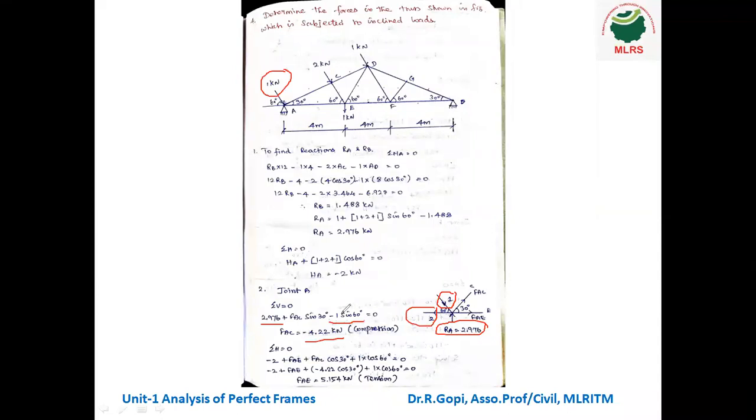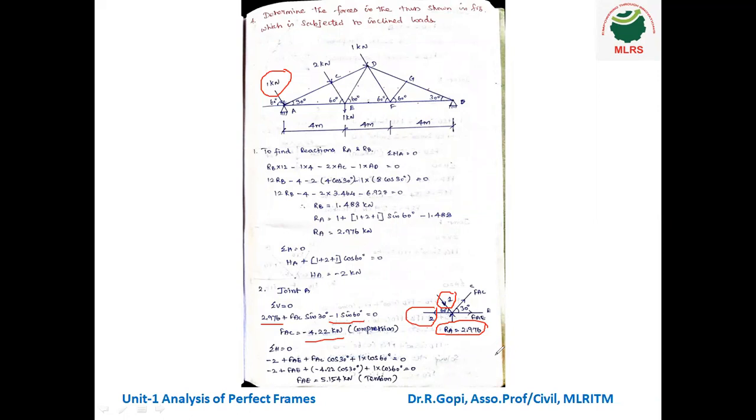Next, summation of H is equal to 0. What forces will come? Except RA, all the forces will come. Minus 2 plus FAE plus FAC cos 60 degree, and plus 1 into cos 60 degree.